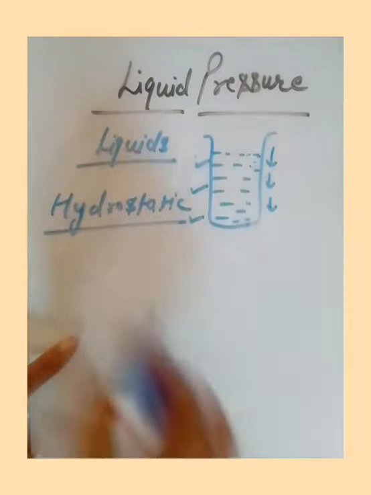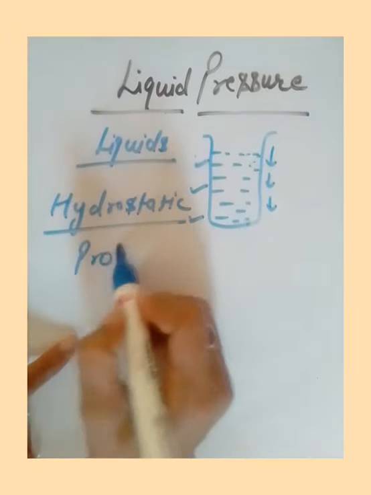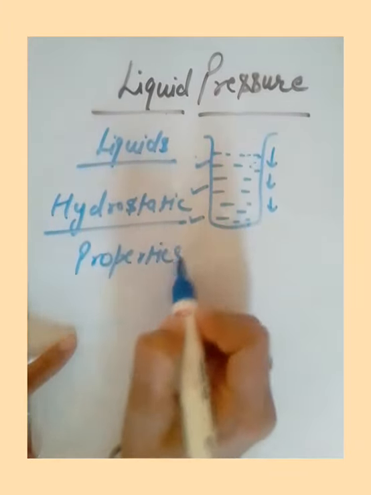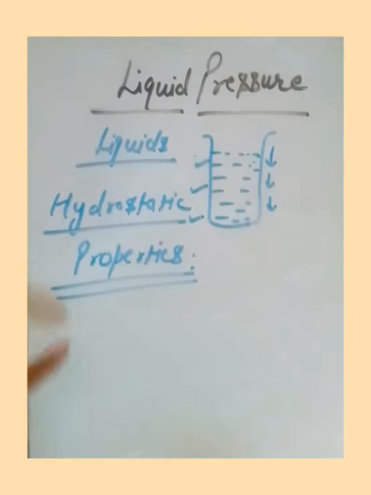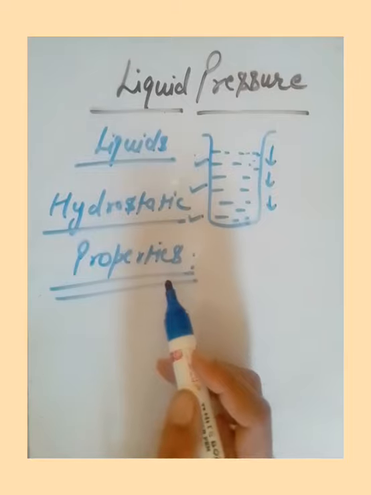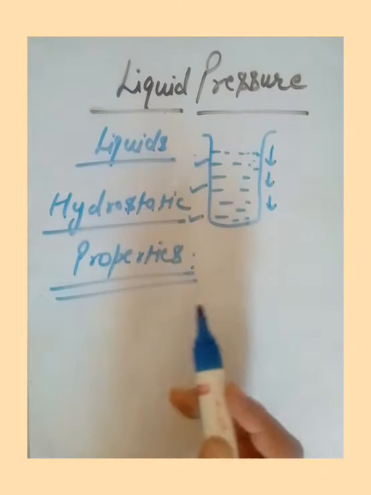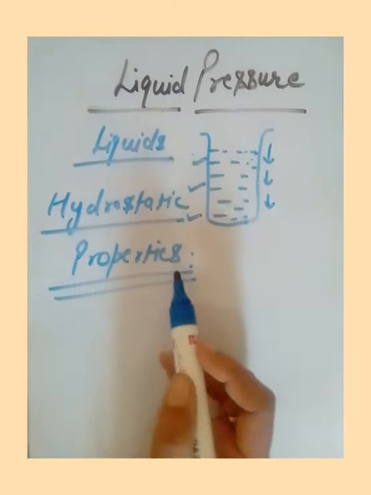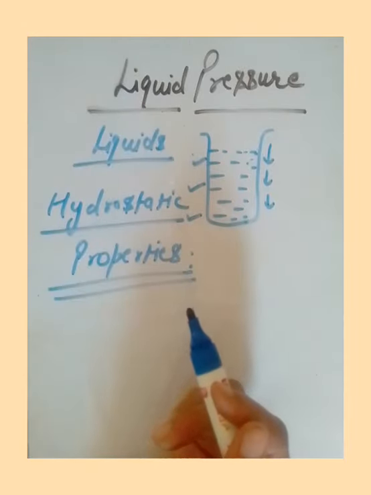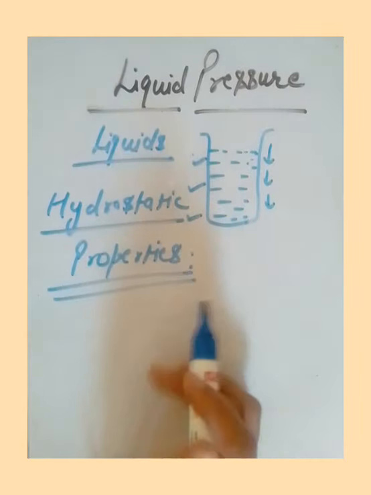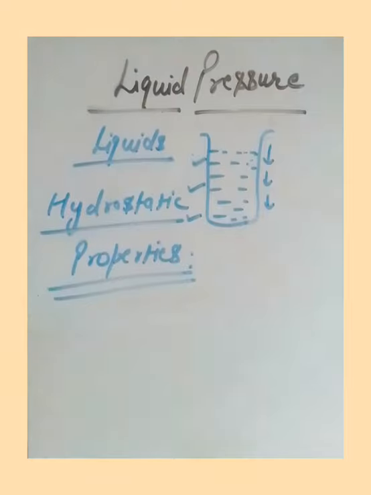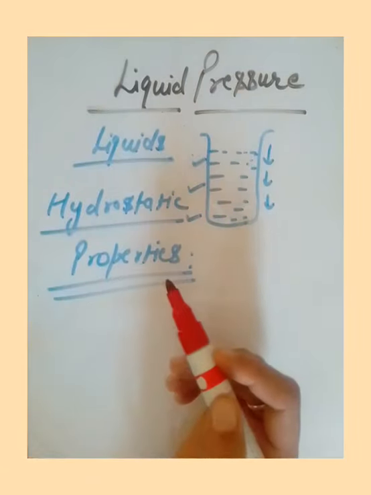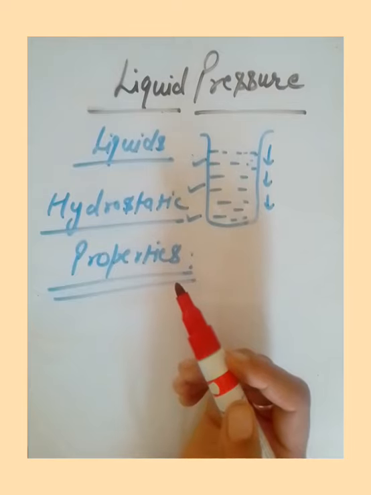Now this liquid pressure has some properties. We will study those properties, and to confirm and understand them, we will discuss some activities of liquid pressure. The first property is that liquid pressure on the bottom of the container does not depend on the area of the bottom.